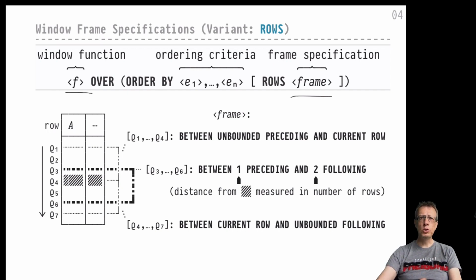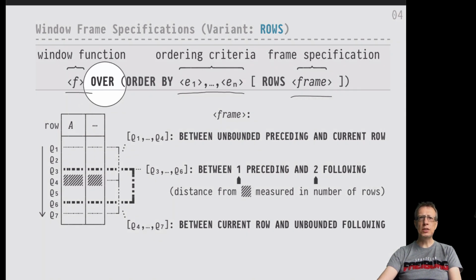Okay, as I told you, row ordering is super crucial for these window functions, and this is the ordering criterion that we will need. So that would be just ordering criteria, just in a normal order by clause in a SQL query. Some expressions whose values we will use to order the rows inside a table. And then you can see this over keyword here, which really is the distinguishing keyword for all this window function functionality.